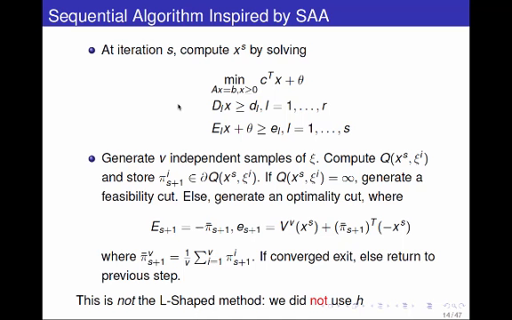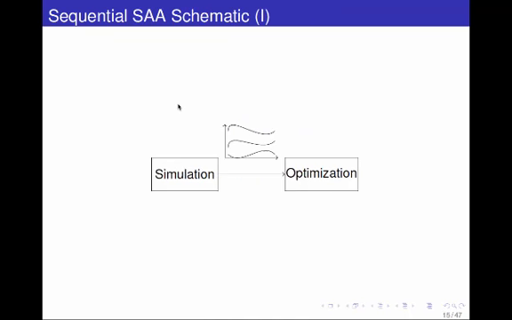Now, the other thing I wanted to emphasize is that this looks like the L-shaped algorithm. It's just that we're doing simulation instead of exact enumeration, but it's slightly different, right? Because in these cuts here, we're not using the H vector, which in the L-shaped method we use for the little e. It's very similar to the L-shaped method, but it's a different philosophy of approaching the problem. And here's what it looks like again.